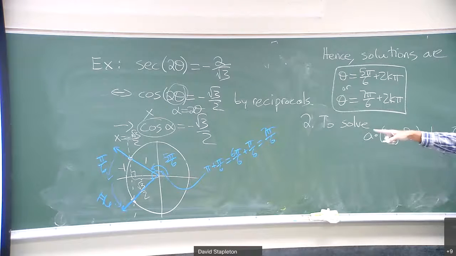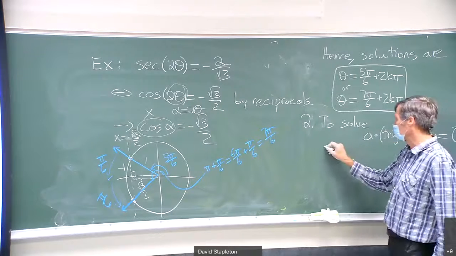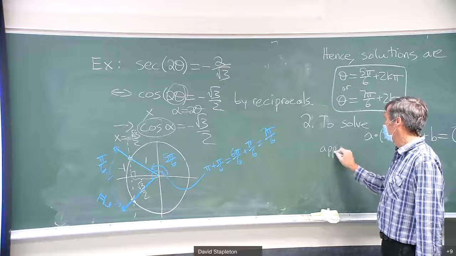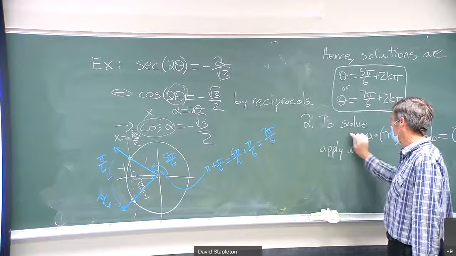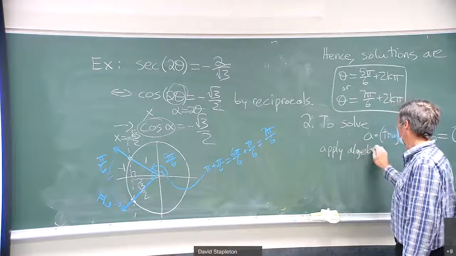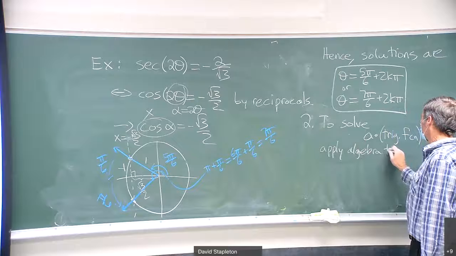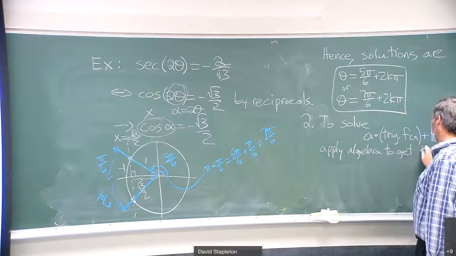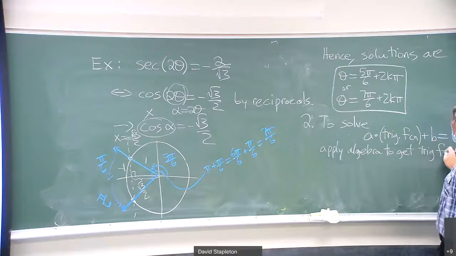Apply algebra to write it as trig function equals a number. Apply algebra to get it in the form trig function equals number.